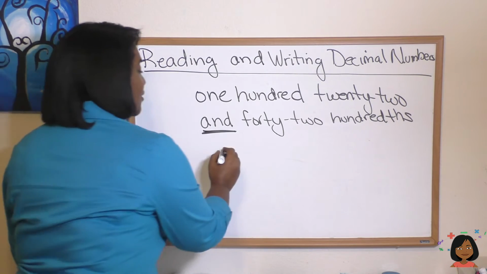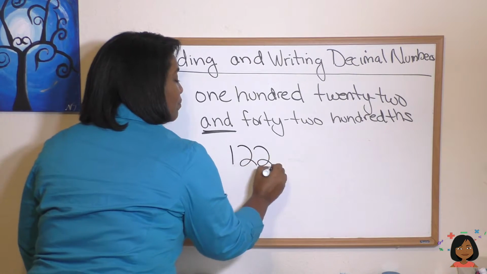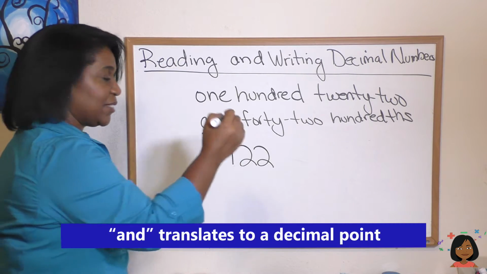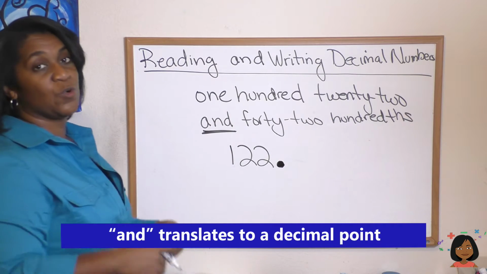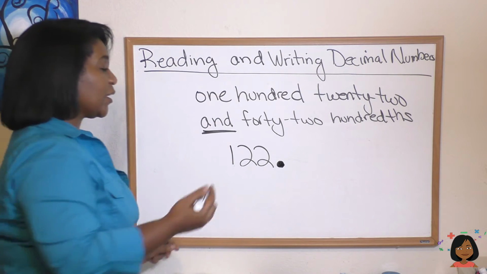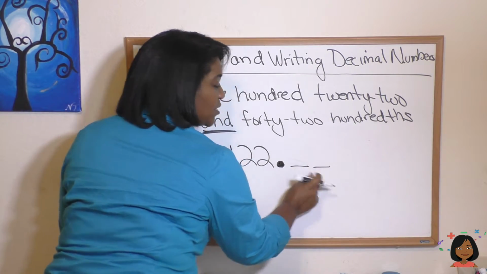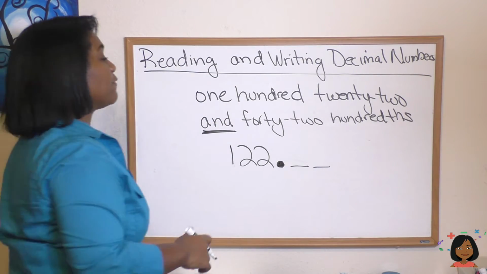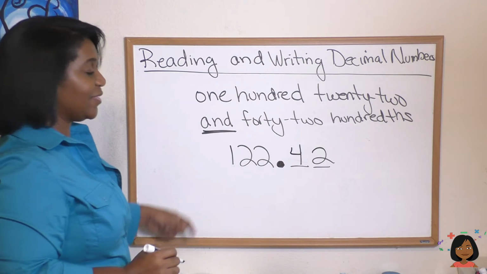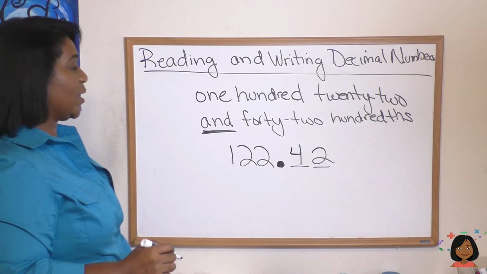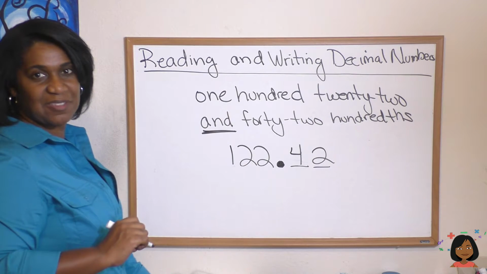Well, you know that. 122. And we see and, that relates to a decimal point. 42 hundredths. So we know we're going to go out to the hundredths place, which is here. And now let's just put in our 42. So this is how you write the decimal for 122 and 42 hundredths.